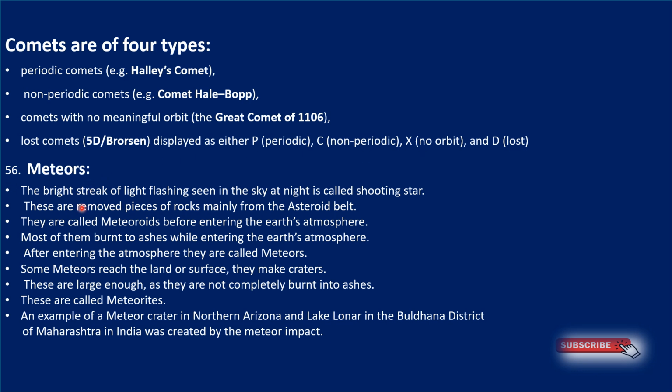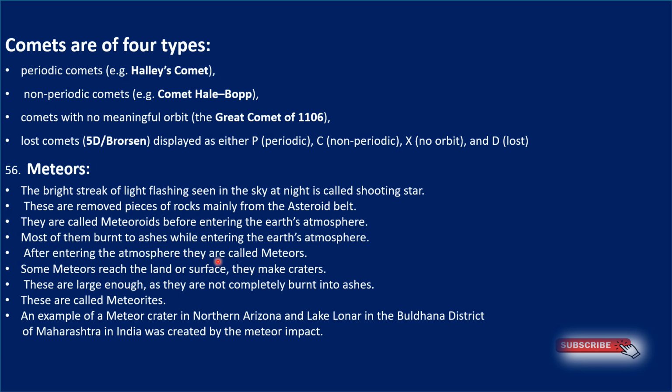Now, meteors. The bright streak of light flashing in the sky at night is called a shooting star. These are pieces of rock removed mainly from the asteroid belt. They are called meteoroids before entering the Earth's atmosphere. Most of them burn to ashes while entering the Earth's atmosphere.